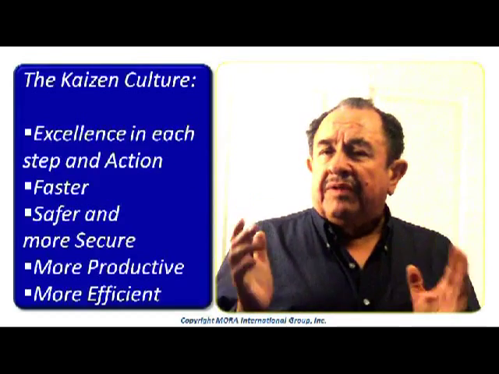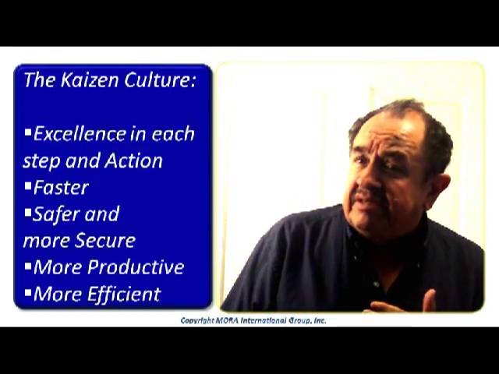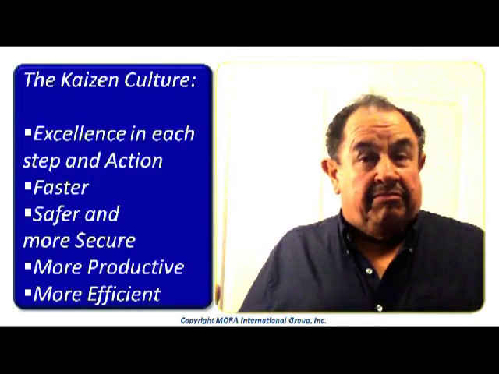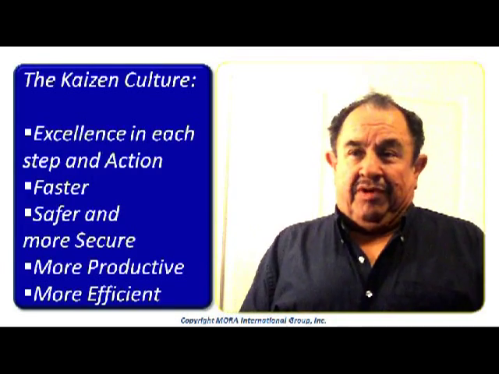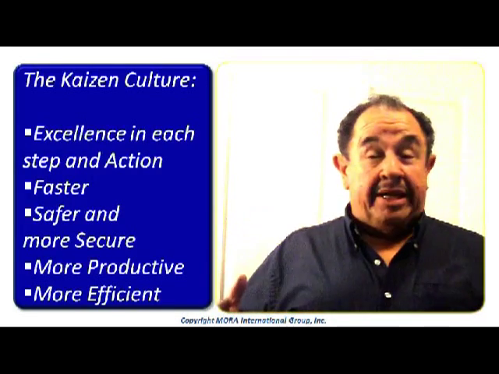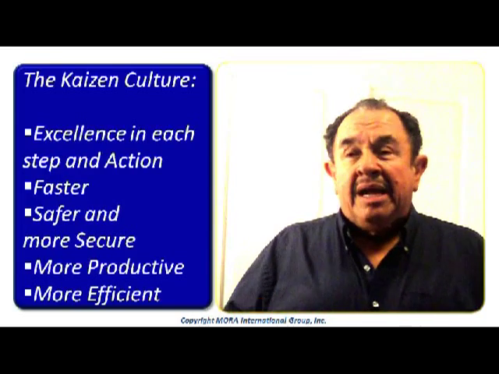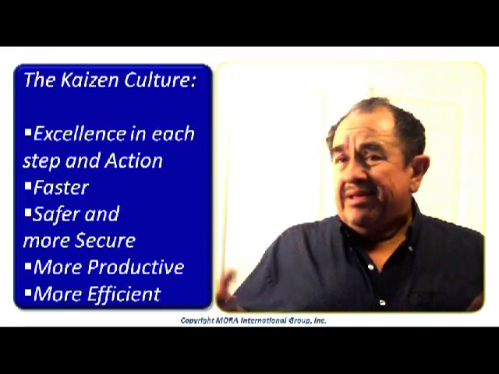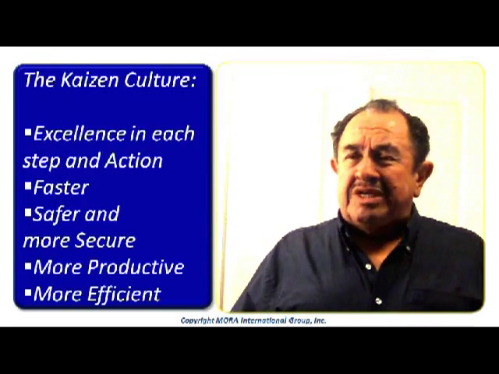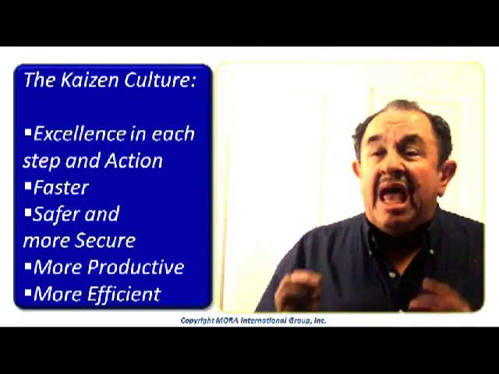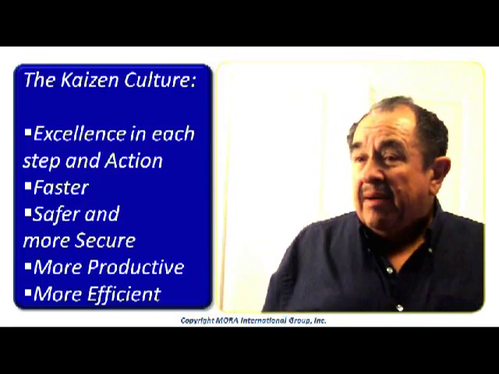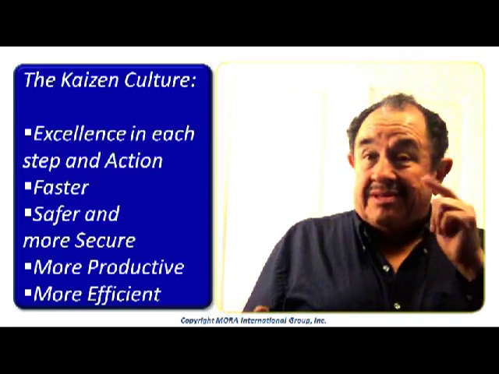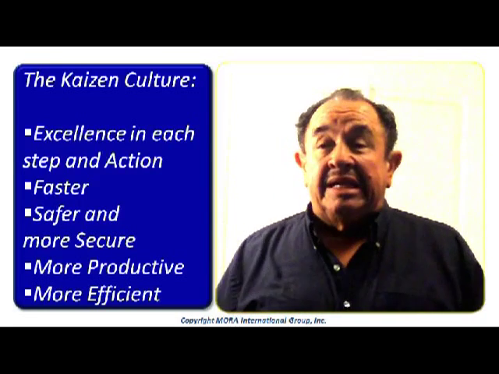You want to find the opportunity to make it faster, to make it safer, and to make it more productive, because that is where the money comes from. Then make it more efficient. Make it in a way that doesn't put any extra burden on any person. The idea is to produce an easier, a safer environment, a place where people will enjoy their jobs. That is where we definitely need to go.